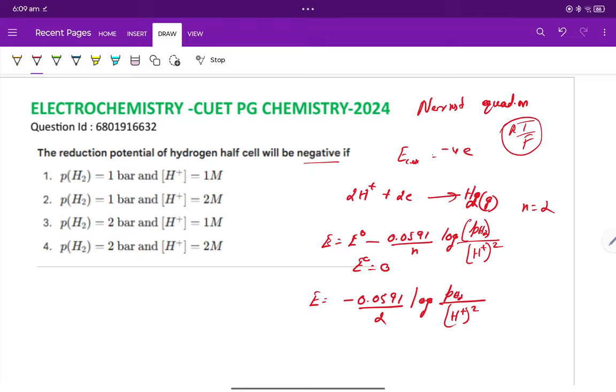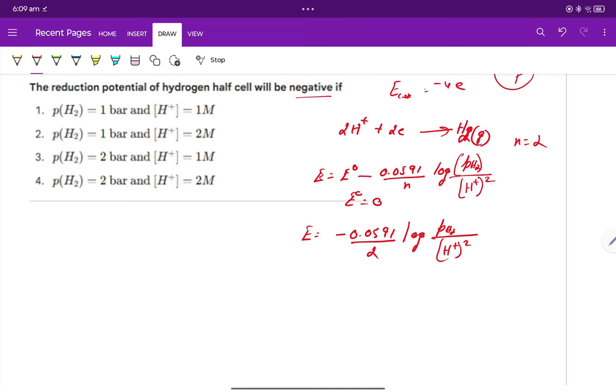For the total value to be negative, there is already a negative sign here, so it will be determined by the value of the term log of pH2 by H plus square. Whenever this value is positive, positive times negative, you will get an E value of negative. So you have to check when this will become positive.